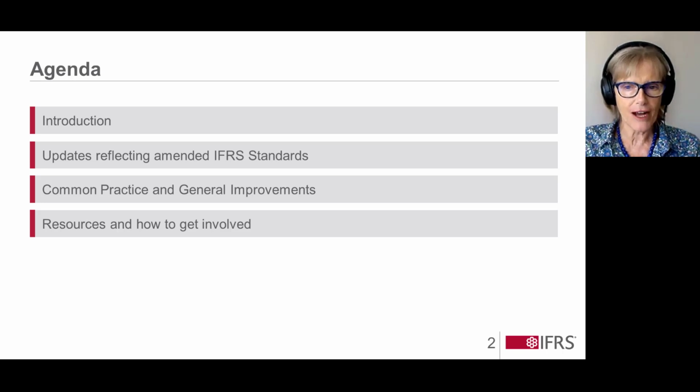Then we will explain the final changes to the IFRS Taxonomy coming from our analysis of common reporting practice. We will finish our presentation by explaining some supporting materials for using the IFRS Taxonomy and how stakeholders can get involved in the development of the IFRS Taxonomy. And I do encourage you to do that.